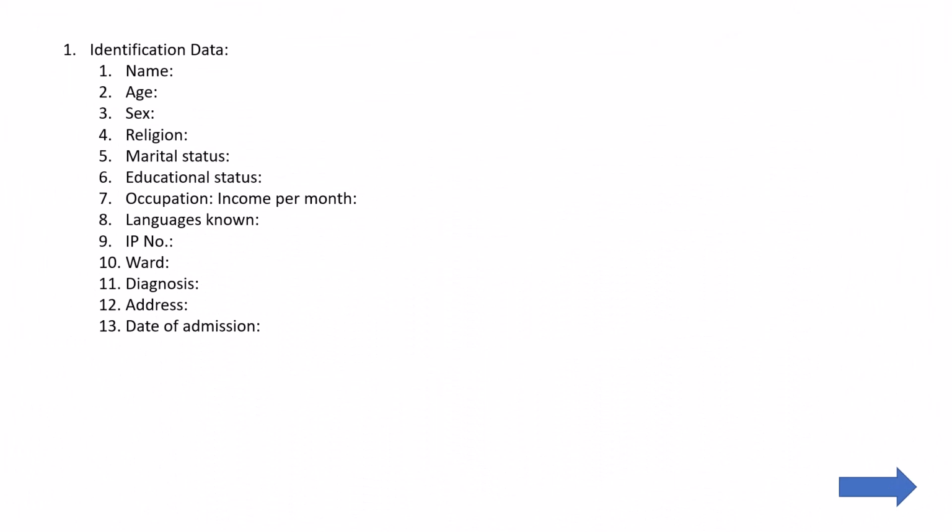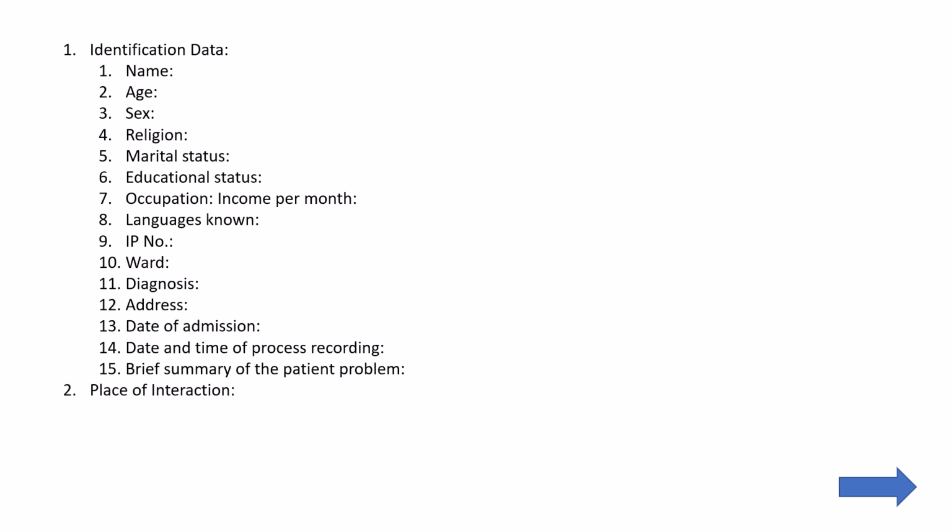Including that, the date and time of the process recording also we have to mention, when we are starting this process recording. Then a brief summary of the patient's problem. The problem may be that he has violent behavior, or he is a depressed patient and does not want to talk with anybody. Any such condition we have to mention briefly here.